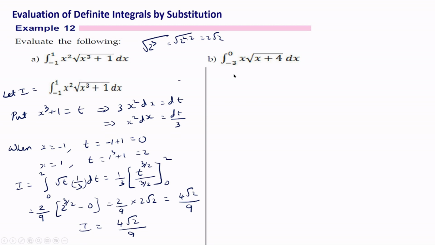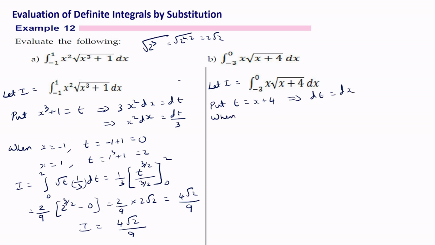Next we have the next subdivision, integral minus 3 to 0 of x into root of x plus 4 dx. Let us take the given integral as I, and let us put t equal to x plus 4, so that dt will be dx. Now let us change the limits.